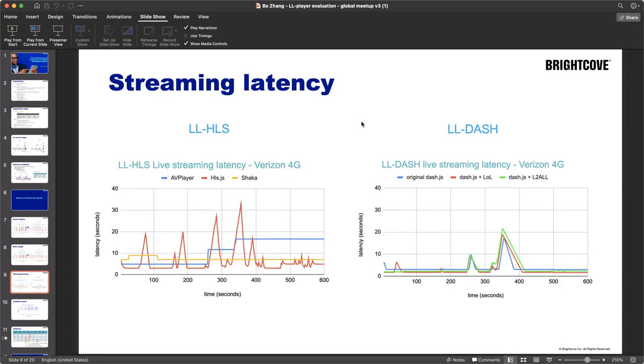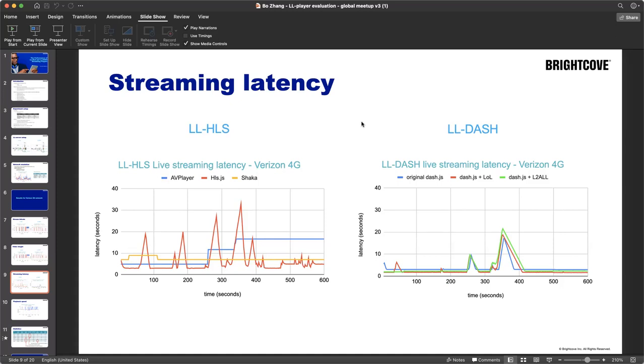But for Shaka Player, even though the average latency is slightly higher than HLS.js, its variation is much lower. It's almost constant at about 7 to 8 seconds. And AV Player also has a more stable latency, but slightly higher than the two.